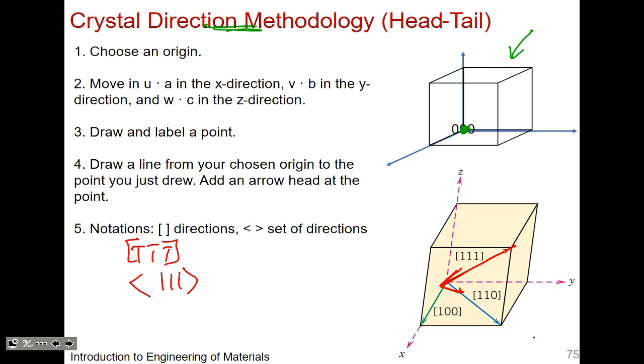So another example I'll give is another reference point. Let me just clear this up so you don't get confused. Let's assume this is a crystal system, and you go along 1, 0, 0. So you went 1 in the A direction, 0 in the B direction or in the Y direction, and then 0 in the Z direction, okay?